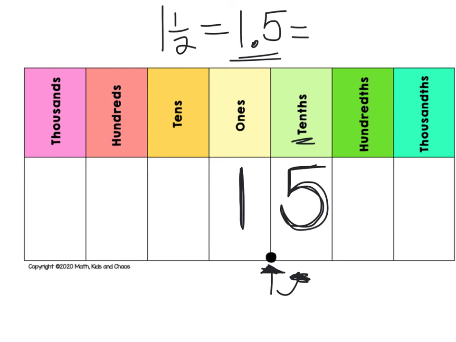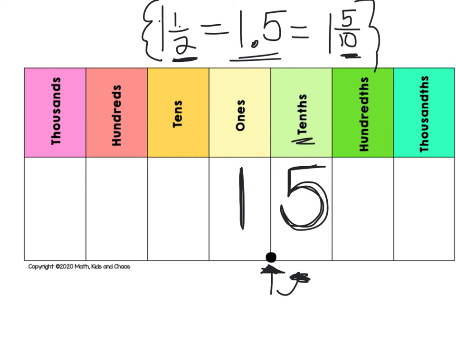Which, if I write that as a fraction, how I'm saying it, 1 and 5 tenths. Hopefully you've noticed then that the 1/2 in 1 1/2 written here is equal to 5 tenths. So all three of these are the same thing. They're equivalent to each other.